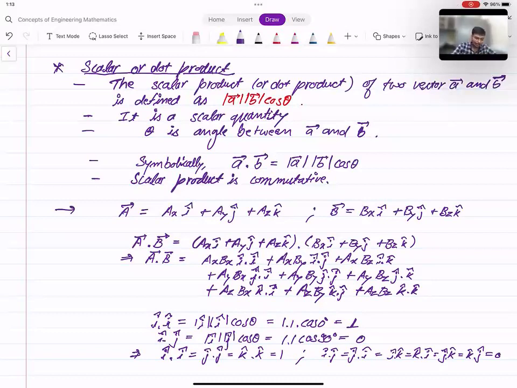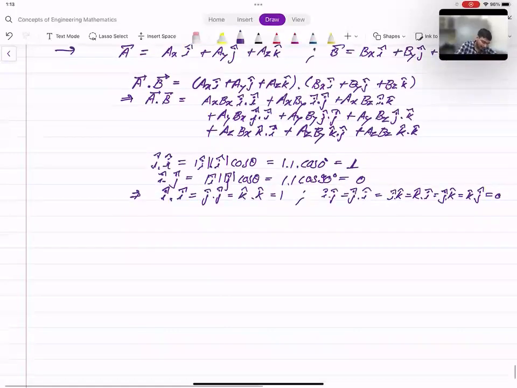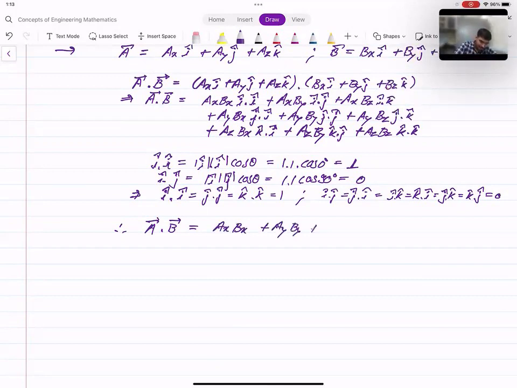Okay, so if we substitute these values in the dot product of a b, then what we get, therefore vector a dot vector b will be nothing but the terms where there are I dot I, j dot j and k dot k will remain, and others will vanish. Okay, so we will be left with ax bx plus ay by plus az bz.